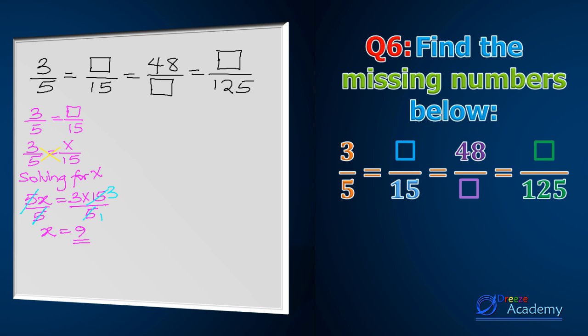Now, once you are sure that the value of x is correct, you can use any of the first or second fractions to derive the next missing number, which we shall assume is y.